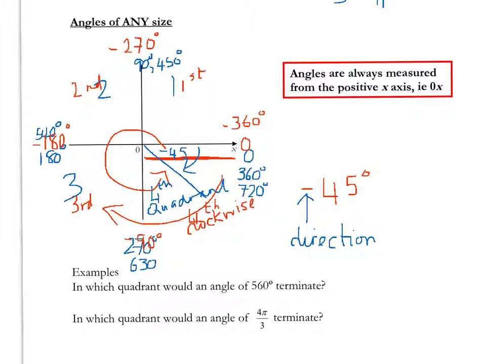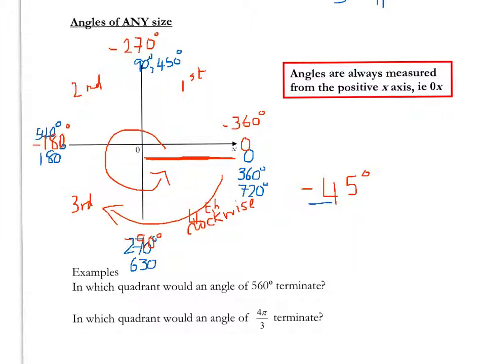How about we draw an angle of minus 195 degrees? So again, we start at the horizontal, which is 0, minus 90, minus 180, minus 270, and back to minus 360.